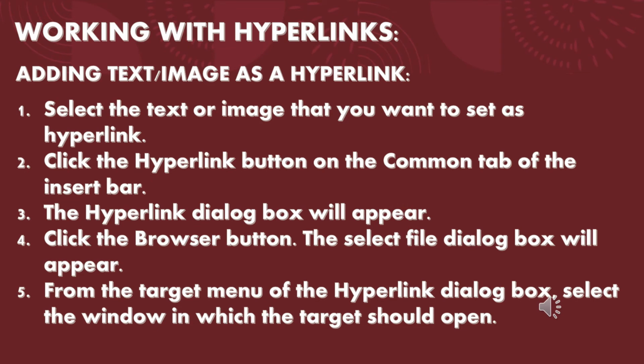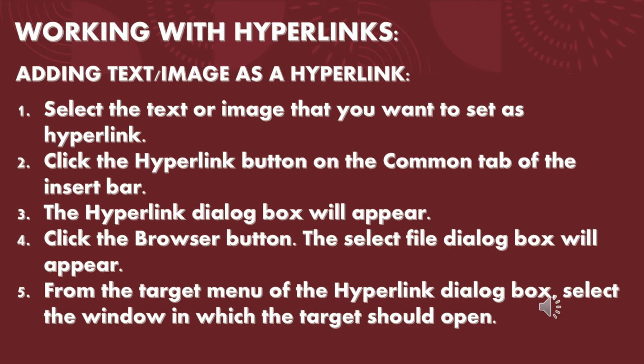Setting text or image as a hyperlink. The steps are: select the text or image you want to set as hyperlink. Click the hyperlink button on the Common tab of the insert bar. The hyperlink dialog box will appear. Click the browse button. The select file dialog box will appear.